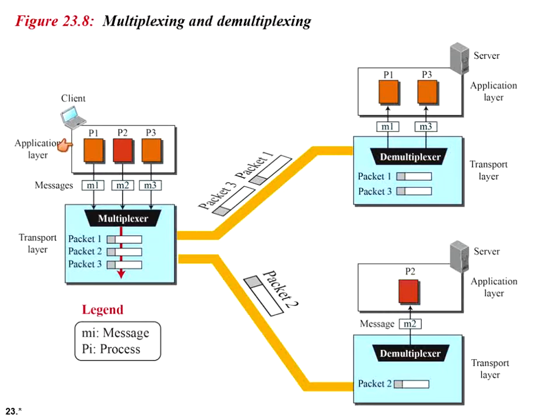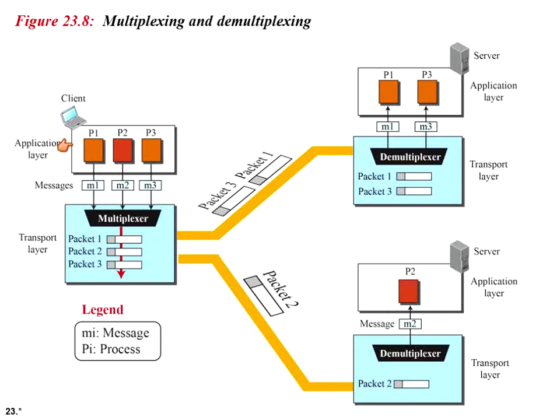Now the transport layer at the client side accepts three messages from three processes and creates three packets. So it acts as a multiplexer. The packets 1 and 3 use the same logical channel to reach the transport layer of the first server.